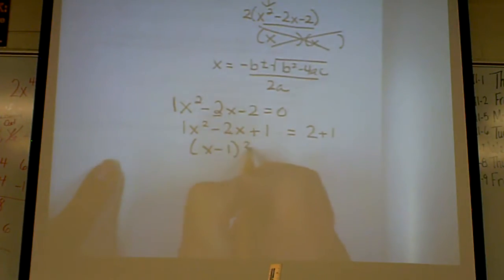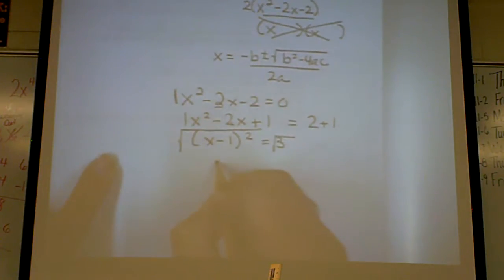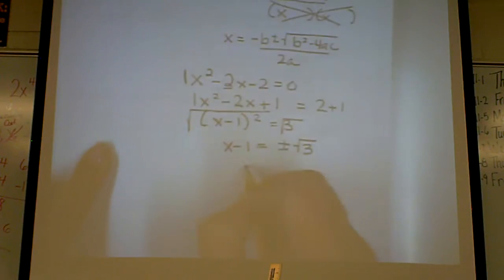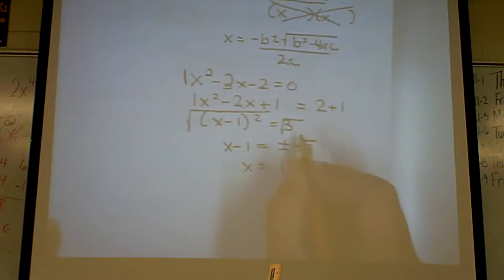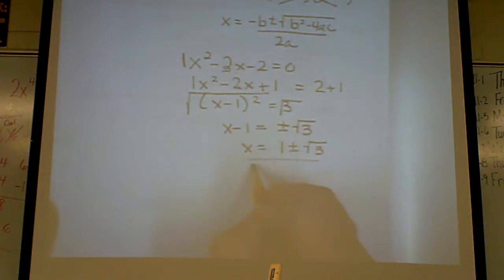Factor. And now you are going to simplify. Don't forget plus or minus and add 1. Okay, now this is important. See these 2 zeros? Are they rational zeros?